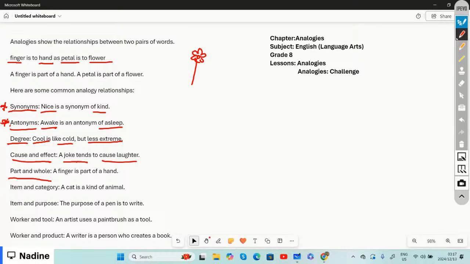When we look at part and whole, we can say that a finger is part of a hand. We said finger is to hand specifically because fingers are part of a hand. And now, when we talk about things that are part and whole, once again we can say finger is to hand, just like toe is to foot, for example.